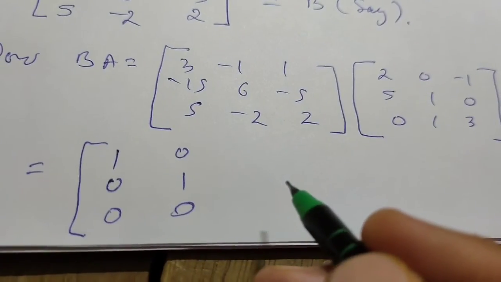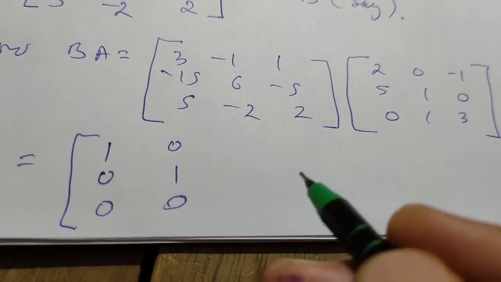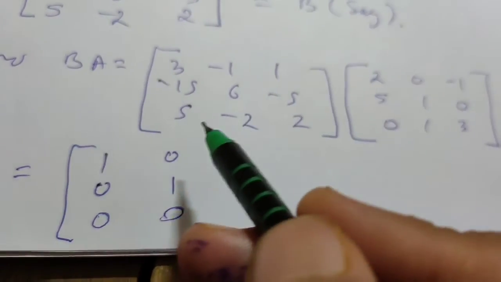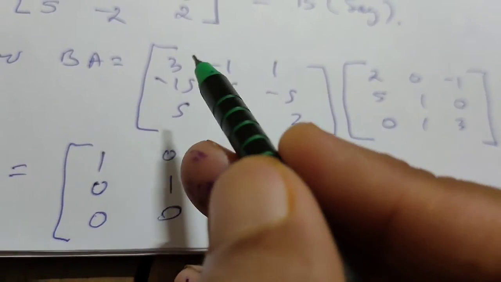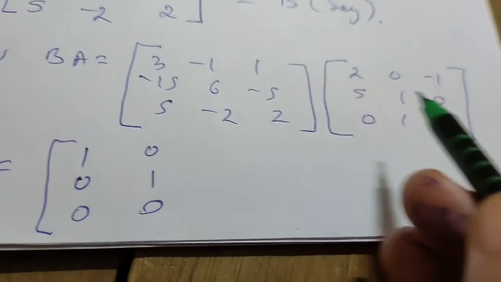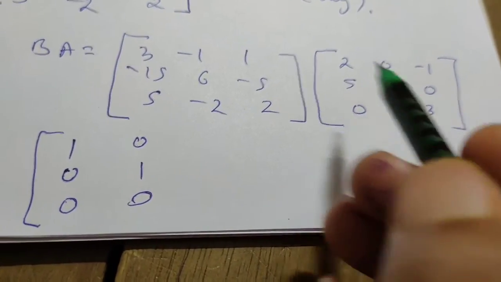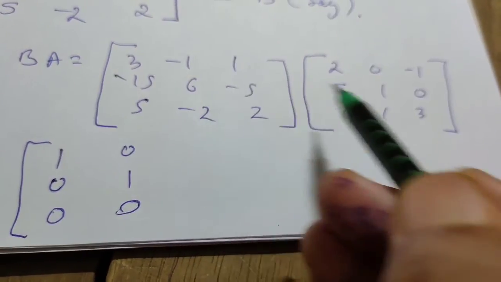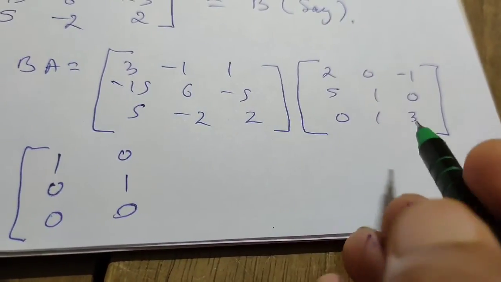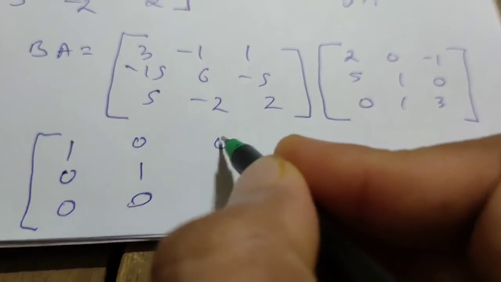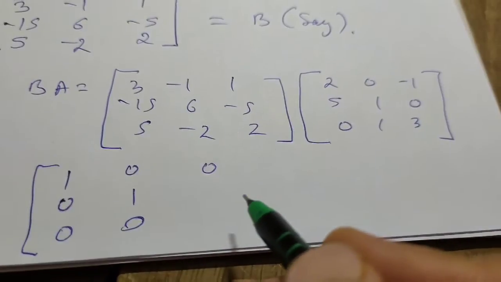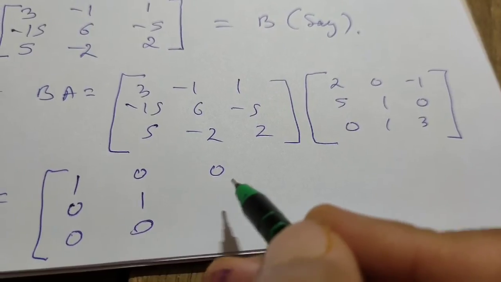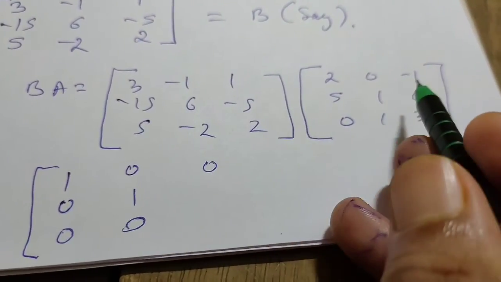Now we'll find the third column, first entry. For that we multiply R1 with column 3. So 3 into minus 1 is minus 3. Minus 1 into 0 is 0, and 1 into 3 is 3. So minus 3 plus 3 gives us 0. Now for the second entry of column 3, we multiply R2 with column 3.